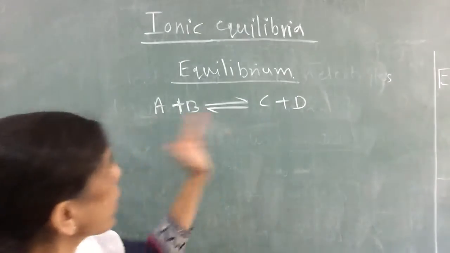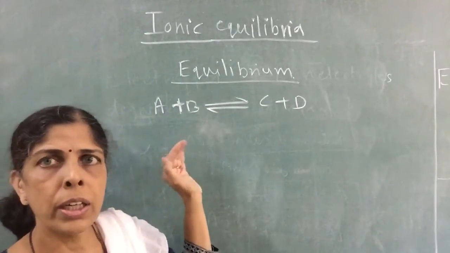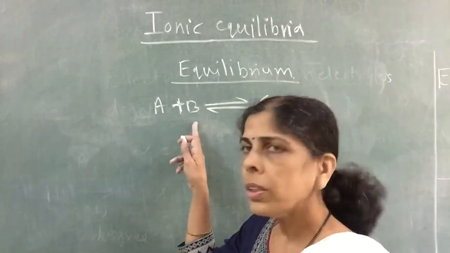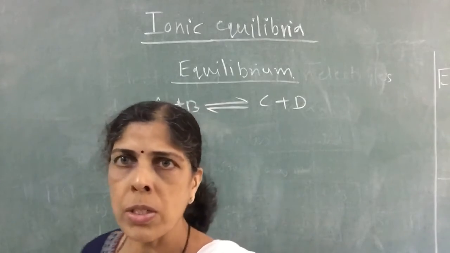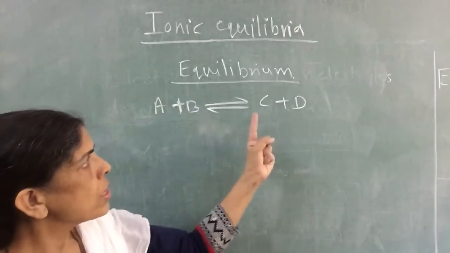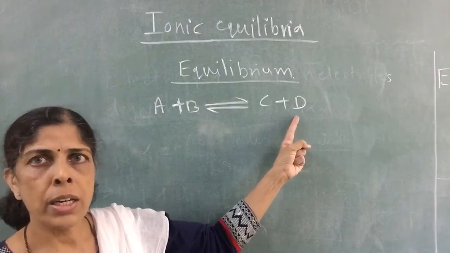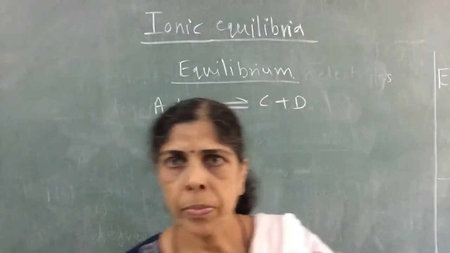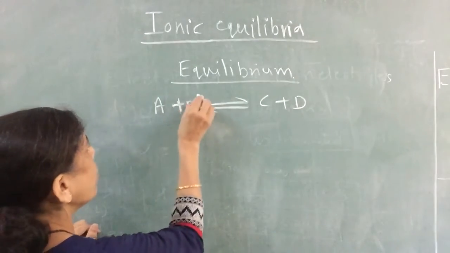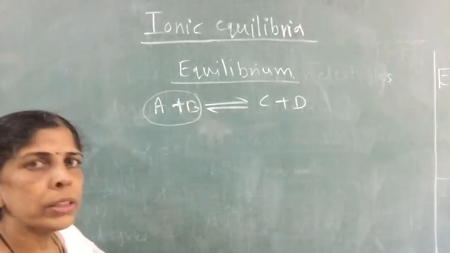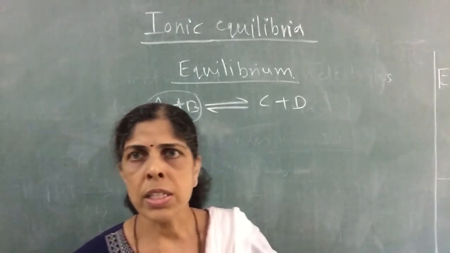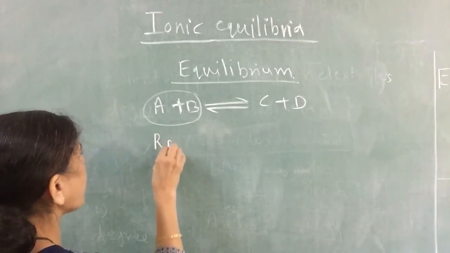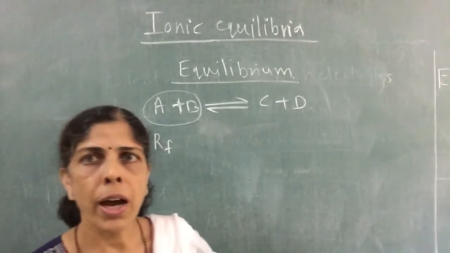Rate of forward reaction is dependent on the concentration of A and B, and for the reverse reaction C and D are the reactants, so rate of reverse reaction is proportional to the concentration of C and D. In the beginning we have a large quantity of A and B and we do not have the products C and D, and therefore the rate of forward reaction is very high.